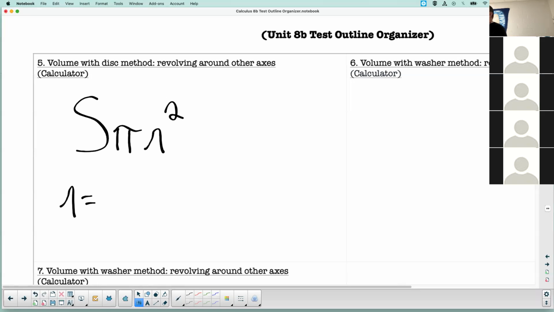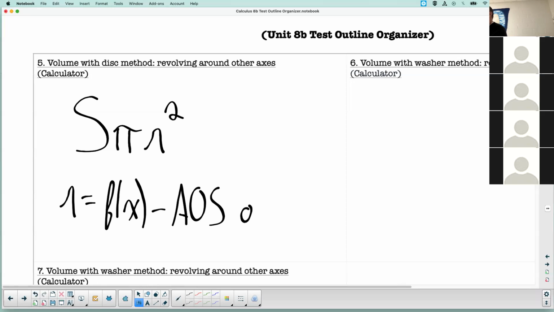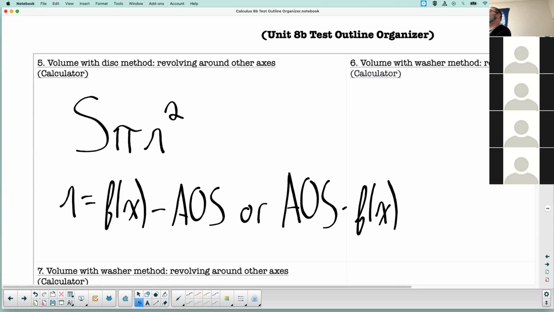Now, if it's not on the X or Y axis, the radius is going to be f of x minus the axis of symmetry, so AOS, or axis of symmetry minus f of x. It basically only matters which one is on the top or bottom or right or left. But it's always got to be one of those two situations.